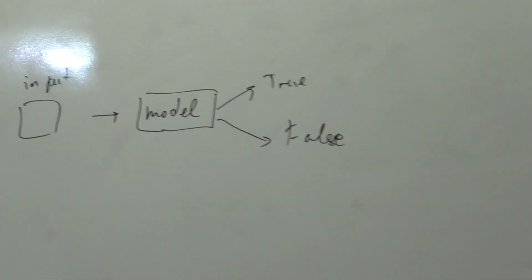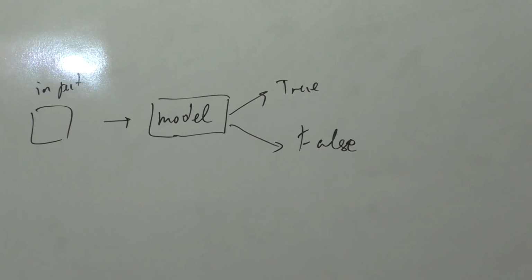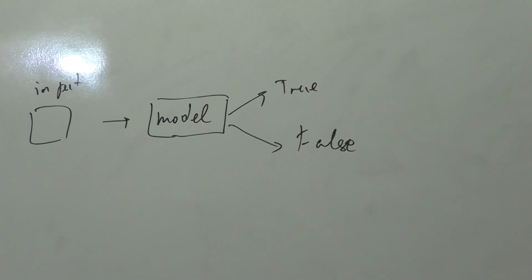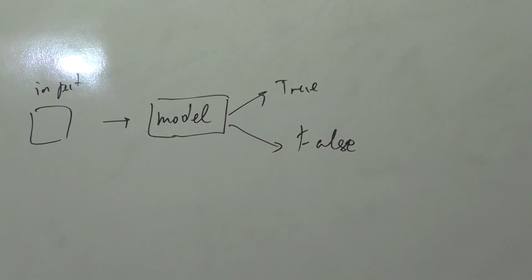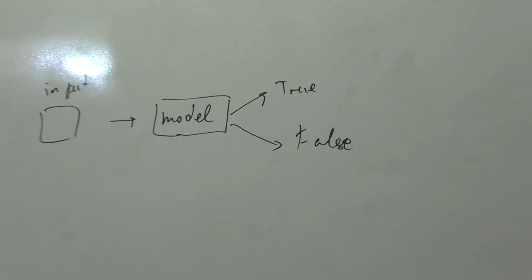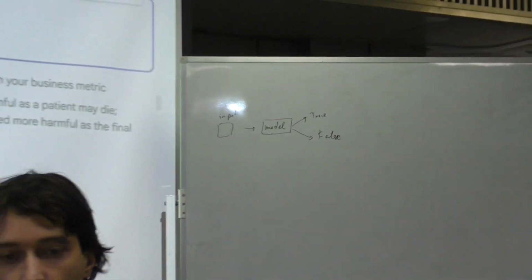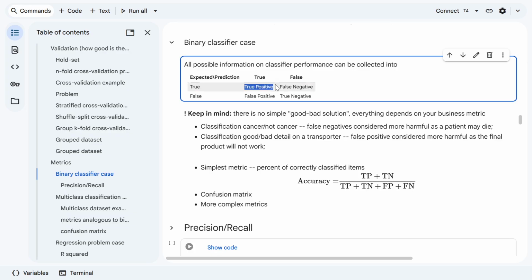This table contains the number of the cases that were considered by the classifier as true and false versus the cases where they should have been considered as true and false. So if the classifier tells you true and it was expected to get true, the number is called true positive. In case the classifier tells false and we were expecting false, that will be true negative.